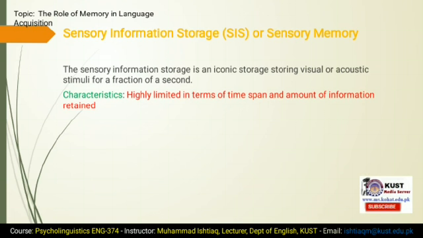Something which we see, something which we hear, something which we touch, something which we smell, something which we taste, they form part of our memory, then to be processed to the next two stages, otherwise it will be lost very soon. So the time span of storing information in the sensory memory is very short, quite limited, a fraction of a second.